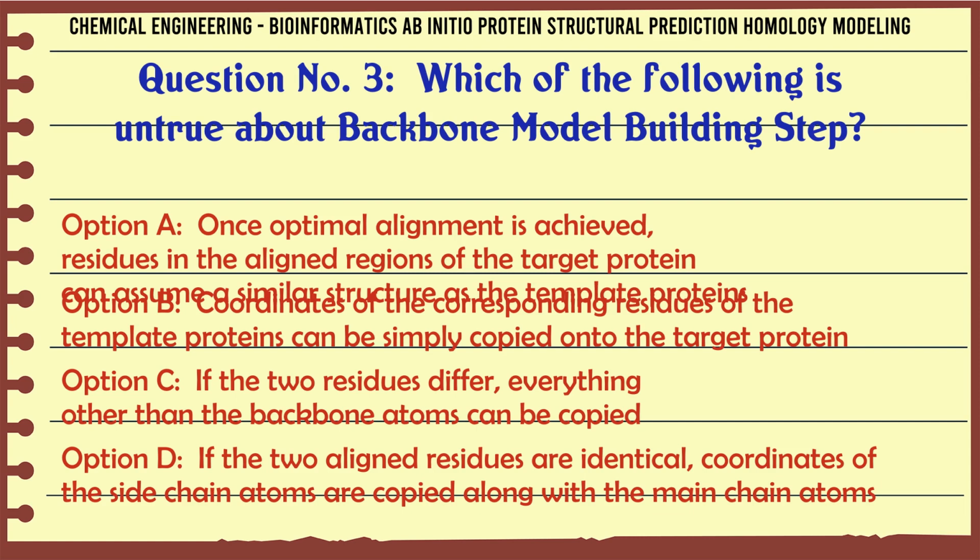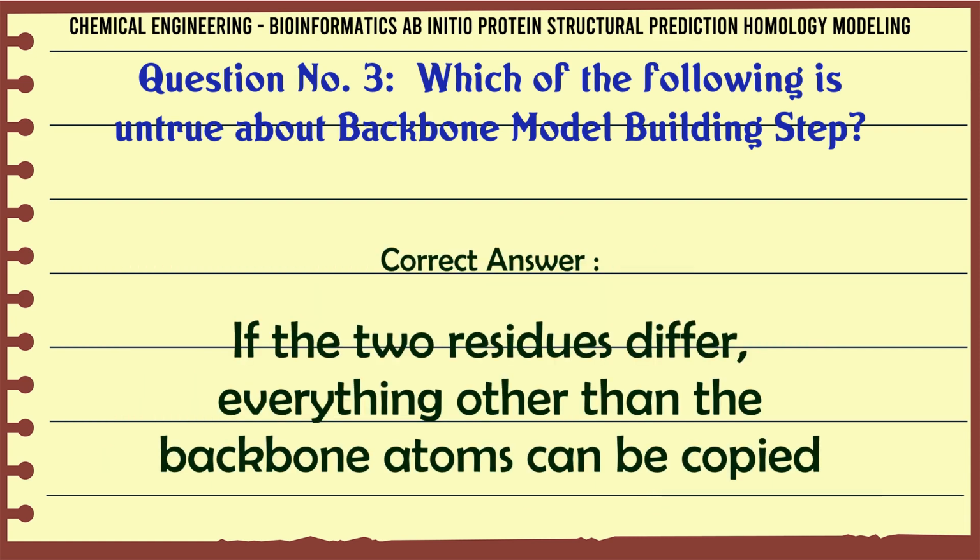C. If the two residues differ, everything other than the backbone atoms can be copied. D. If the two aligned residues are identical, coordinates of the side chain atoms are copied along with the main chain atoms. The correct answer is if the two residues differ, everything other than the backbone atoms can be copied.